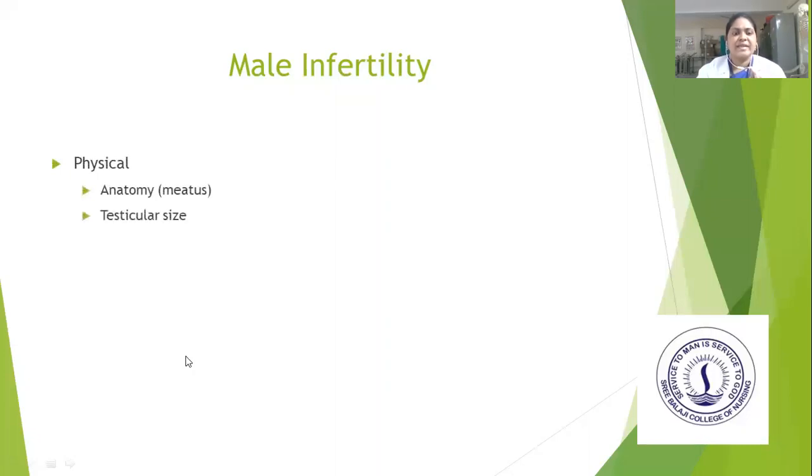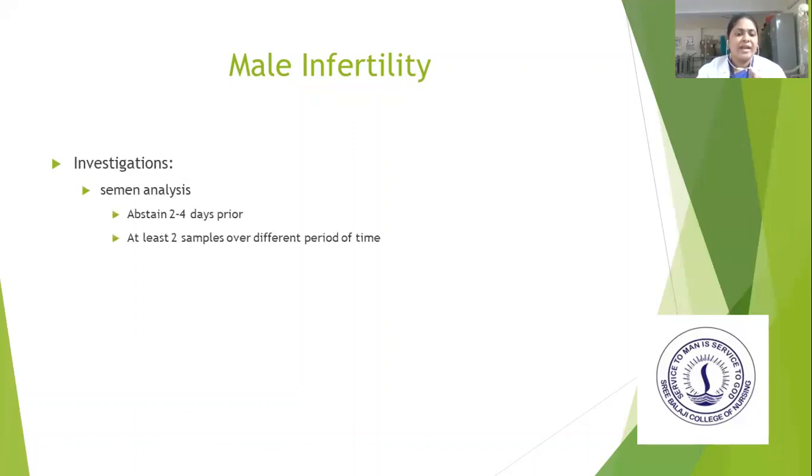Physical examination: anatomy, we have to see the meatus, whether it is hypospadias or epispadias, the testicular size and the varicocele. Rectal examination, with prostatitis and discharge you can find out. Semen analysis: abstinence of 2 to 4 days prior, and at least 2 samples over different periods of time.